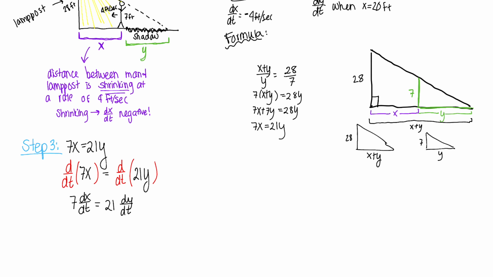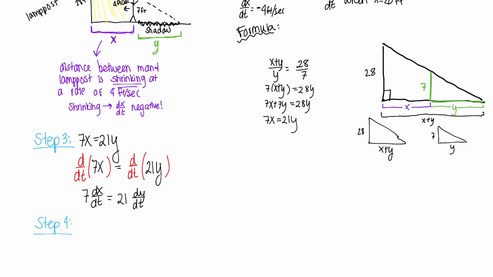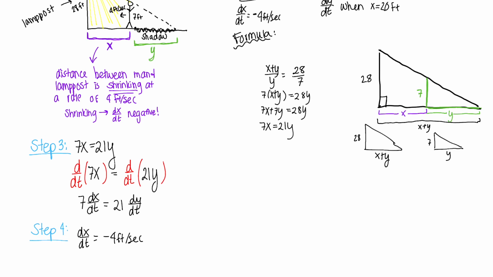Right? And then I look at the stuff I have to plug in. I know dx dt equals -4 feet per second. And I know we want dy dt when x is equal to 20 feet.